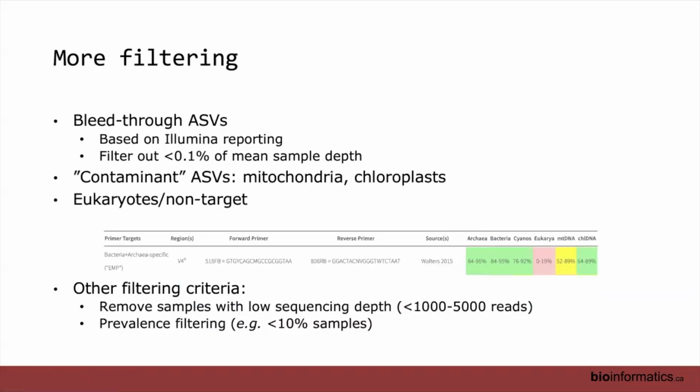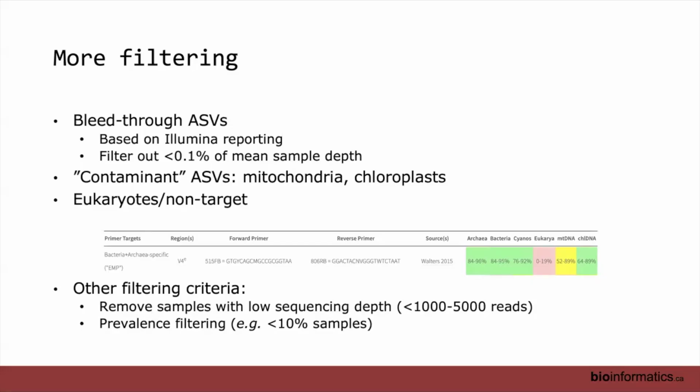So after you've done the taxonomic assignment, you'll usually do some more filtering. So we typically will filter out what we call bleed-through ASVs. This is a bit less of an issue in the newest Illumina sequencing, but previously, and I think still a little bit, some of the sequences that you pick up in each sequencing run are actually from the same indexes from the previous sequencing run.